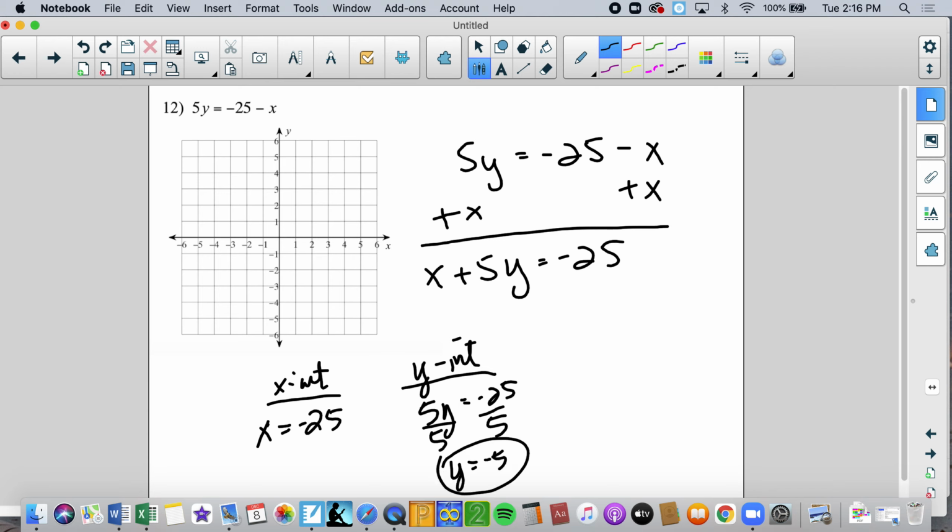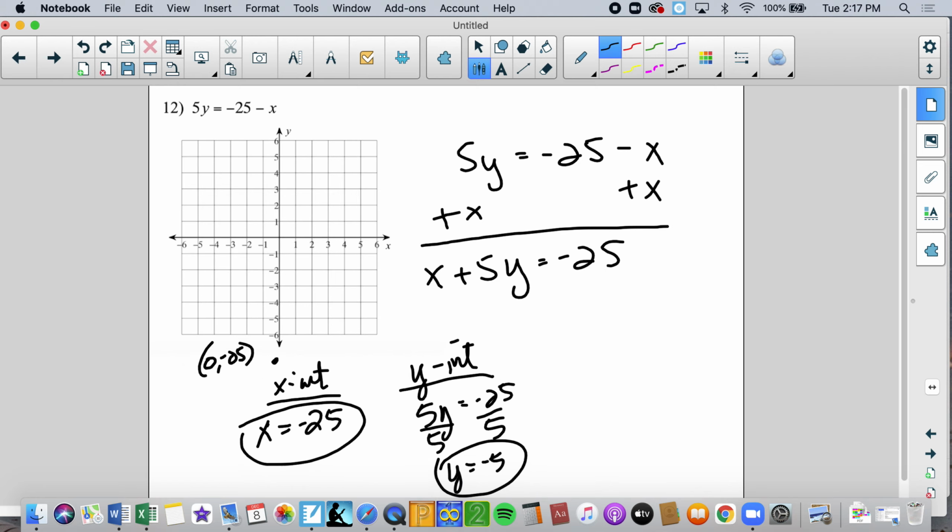So we have an x-intercept of -25, which is way over here, -25, 0, and a y-intercept of -5, which is going to be there. That's 0, -5. Those are the two intercepts that you should have.